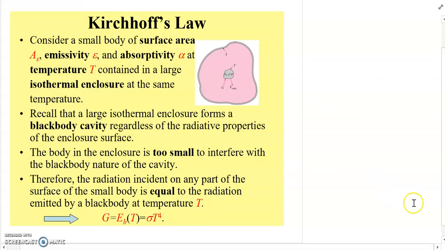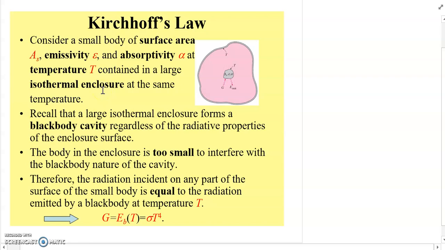What's important here is the last concept, Kirchhoff's law. Kirchhoff's law is related to when you have a small body with surface area A, emissivity epsilon, and absorptivity alpha at temperature T, contained in a large isothermal enclosure at the same temperature.